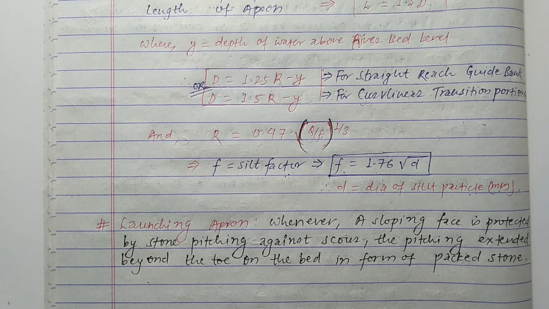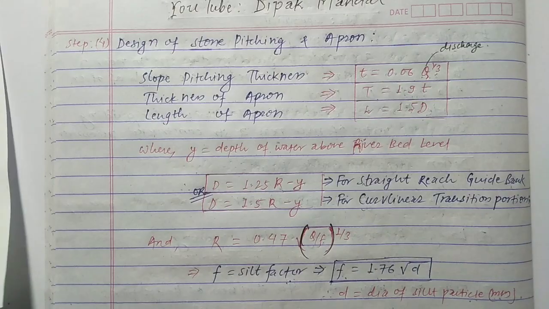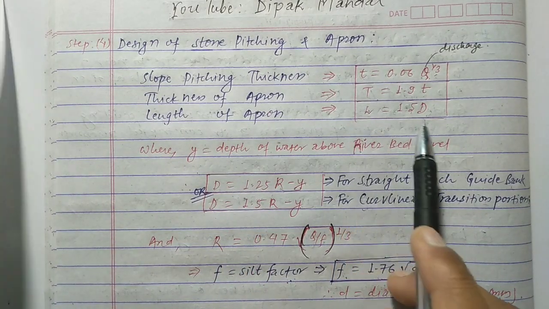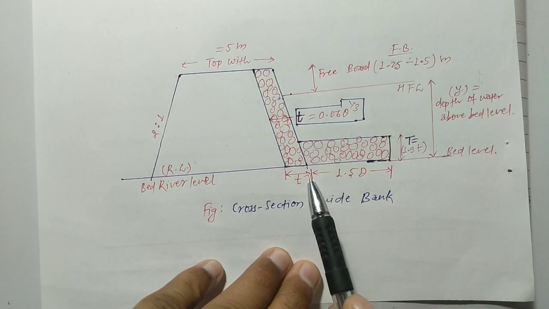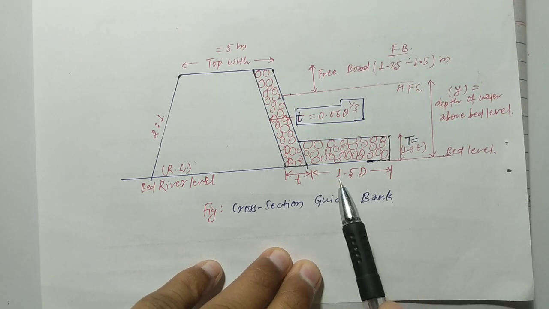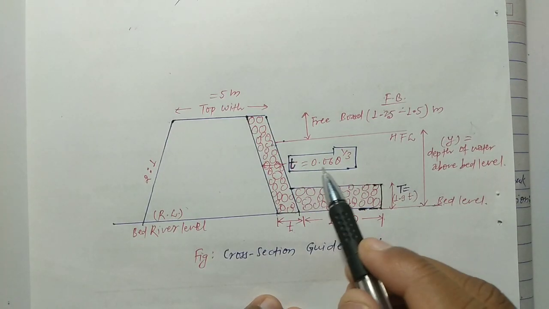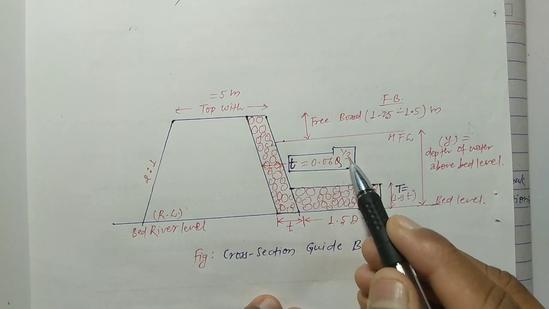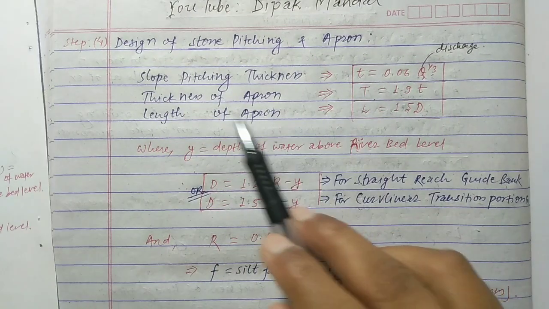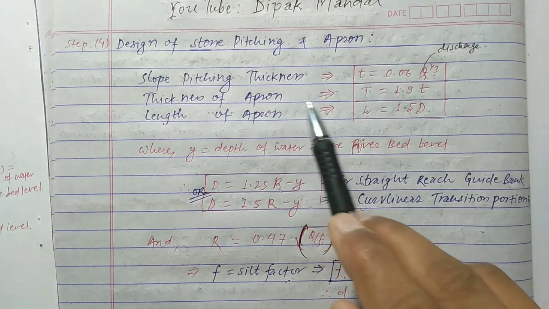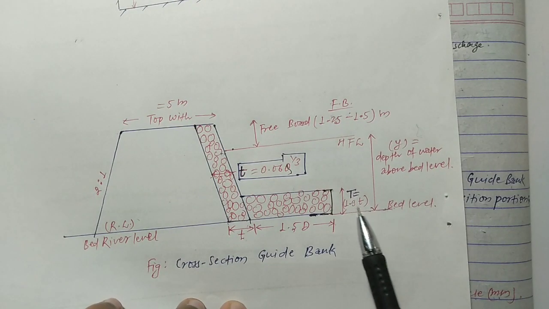We already calculated this value, and as I said, the length of apron is L equal to 1.5 D. This is the value from the toe to this point. And the value of small t is calculated as 0.06 times Q to the power 1 by 3. This is the thickness t, and the thickness of apron, capital T, is taken as 1.9 times small t.